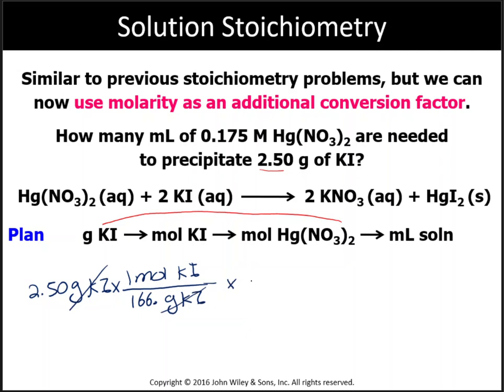Now, based on the balanced reaction, each 2 moles of potassium iodide reacts with 1 mole of mercury 2 nitrate. So from here, we can find the number of moles of mercury 2 nitrate that's needed to consume 2.50 grams of potassium iodide.